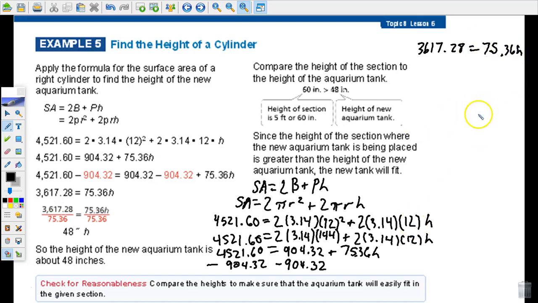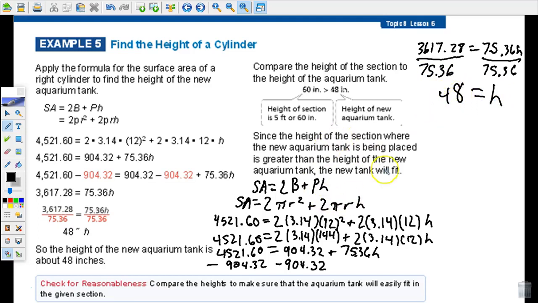Now to solve for h, we have to do the opposite of what's shown. We see multiplication, so we're going to divide both sides by 75.36. And that leaves us with h equals 48. So the height of this tank is 48 inches.